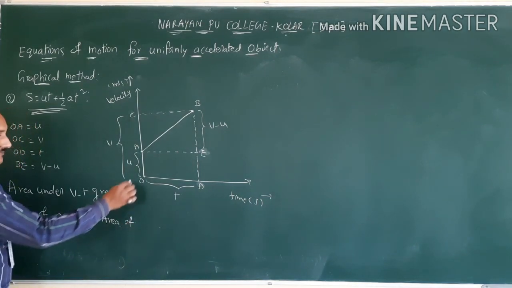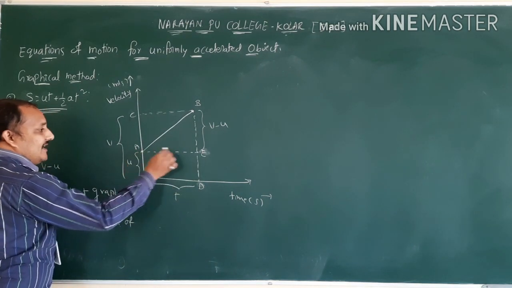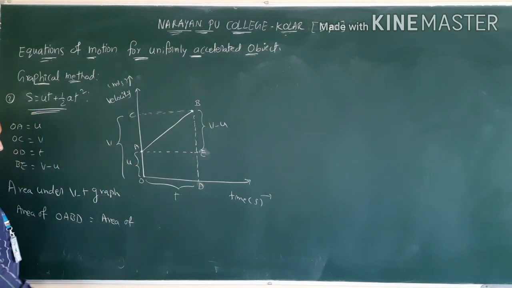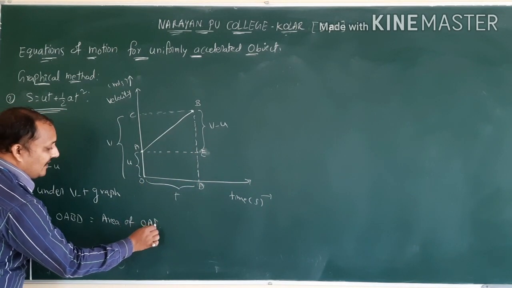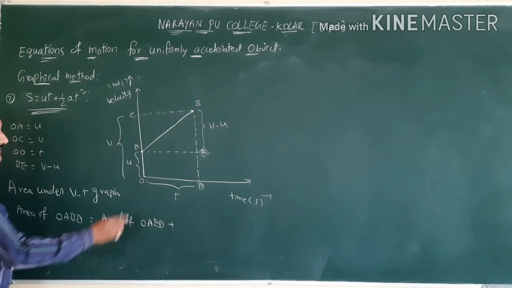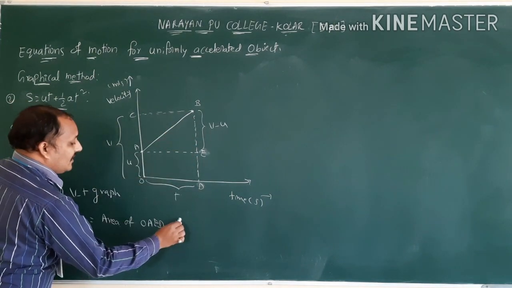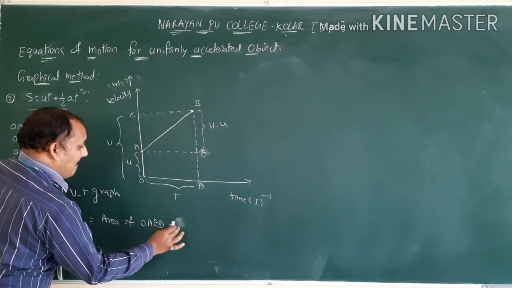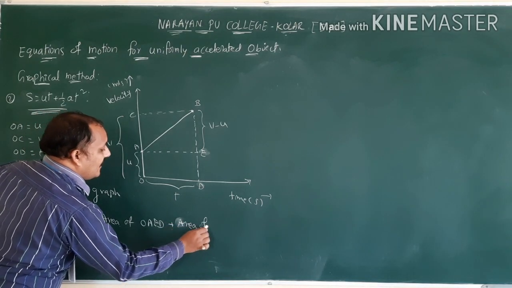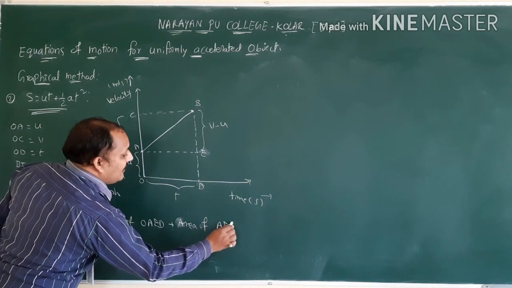What is this? O, A, B, D is nothing but a rectangle. So the area of rectangle O, A, B, D plus the area of triangle AEB.